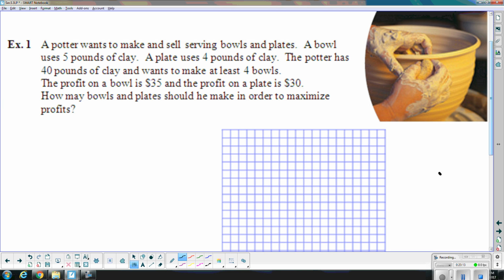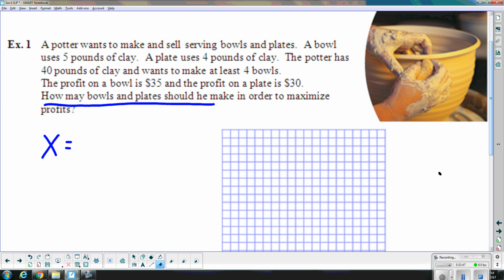The question that we're going to answer is to identify our x and our y variables, and also the question for our optimization function, or our objective function, rather. So this last question is, how many bowls and plates should we make? This tells us that we're looking for a number of bowls and a number of plates.